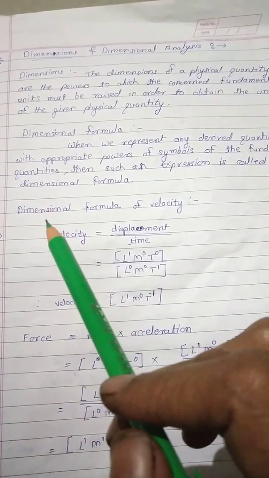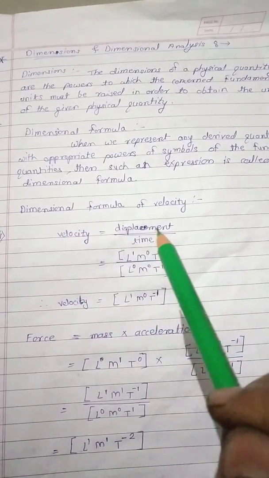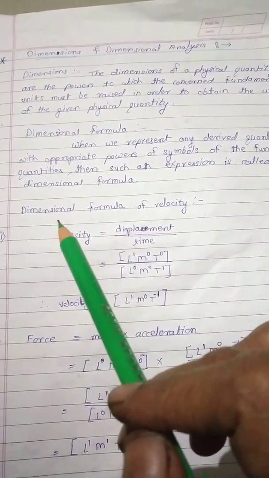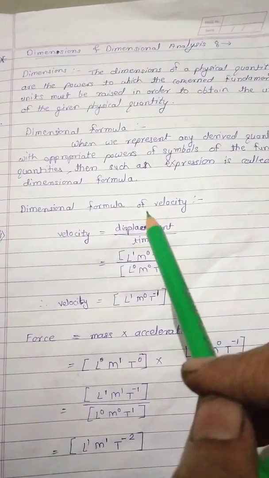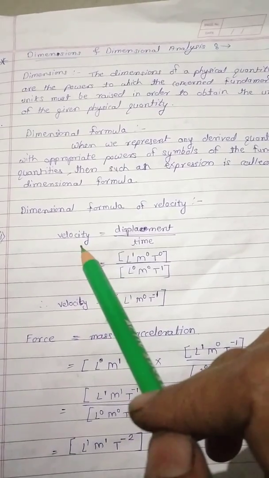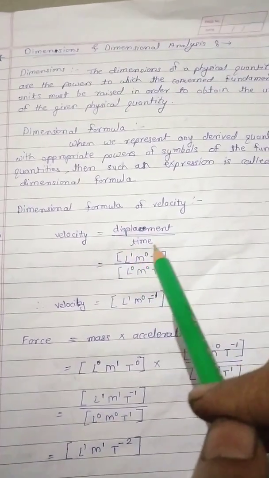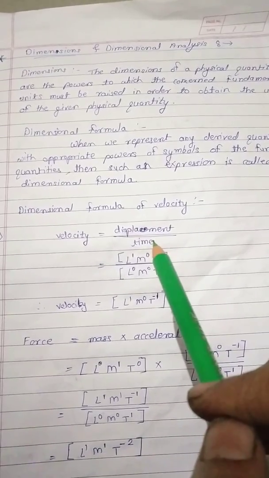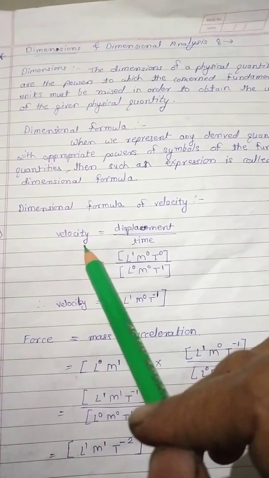The first example is to find the dimensional formula of velocity. Velocity is a derived quantity which depends on the fundamental quantities. So we find the dimension for velocity.